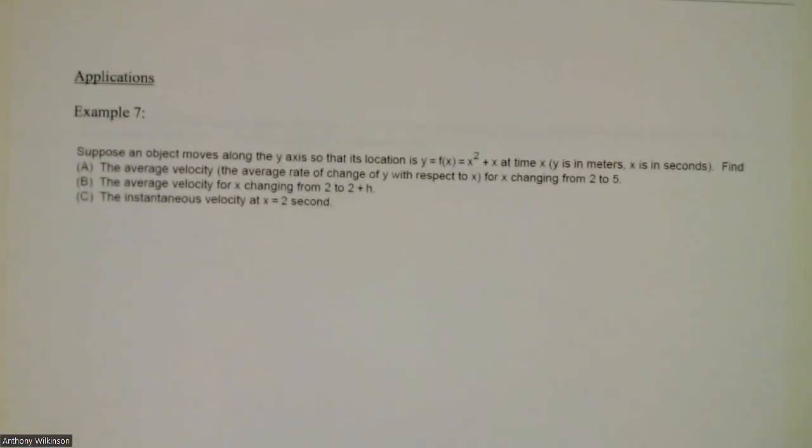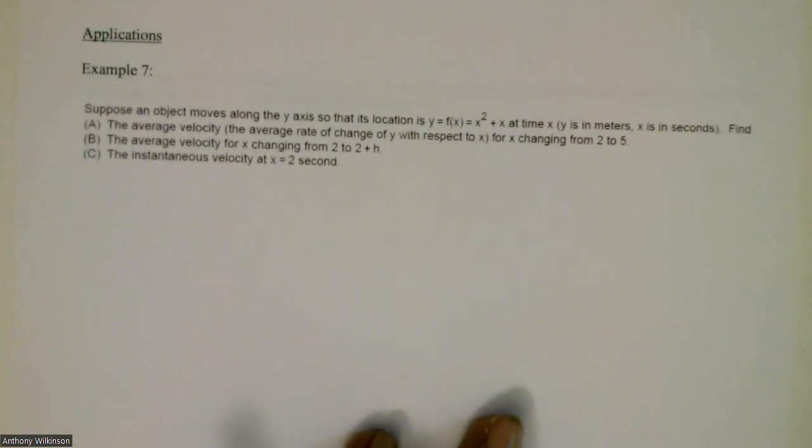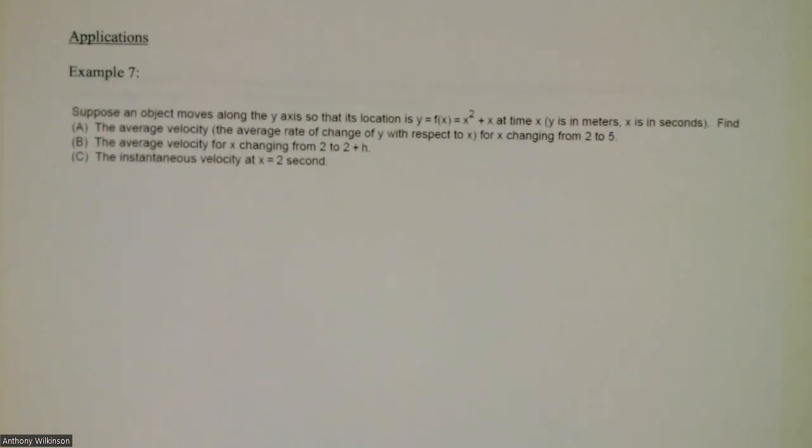Okay, now let's look at some applications related to derivatives. In this case, suppose an object moves along the y-axis so that its location is y equals f of x equals x squared plus x at time t, where y is in meters and x is in seconds.